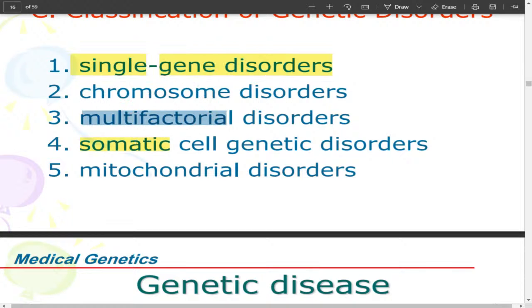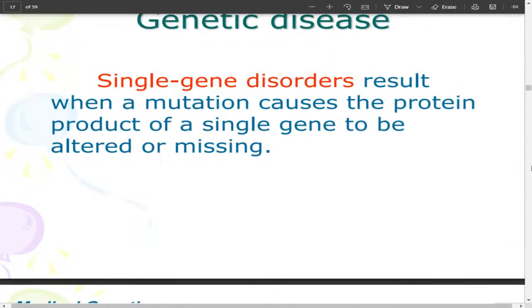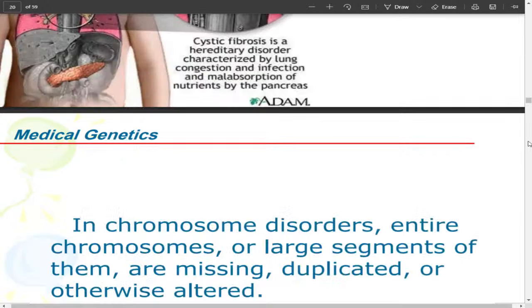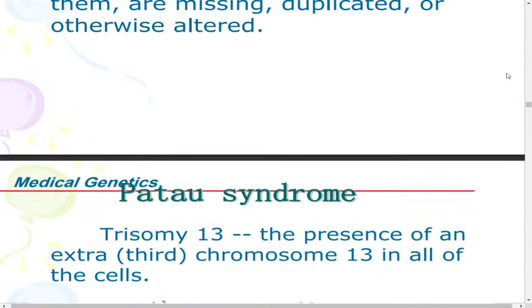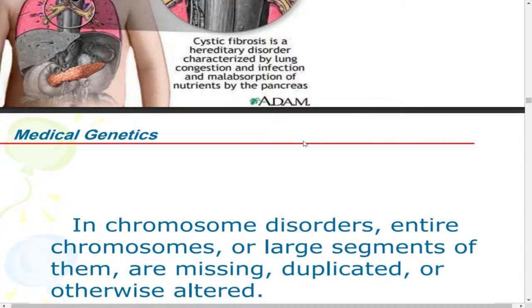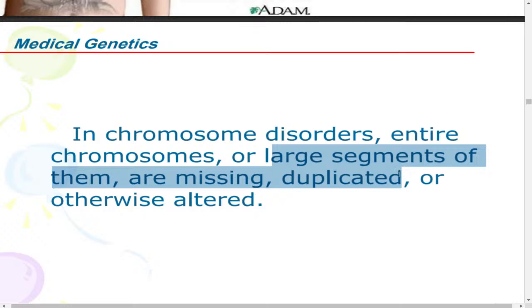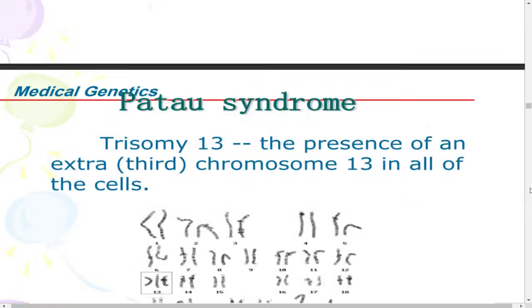Then we will be talking about multifactorial, somatic, genetic, and mitochondrial. So this one is a chromosome problem, a disorder in which an entire chromosome or large segments of them are missing, duplicated, or otherwise altered.